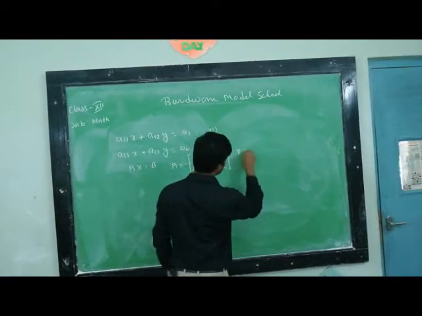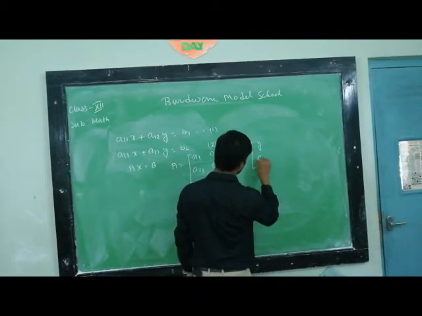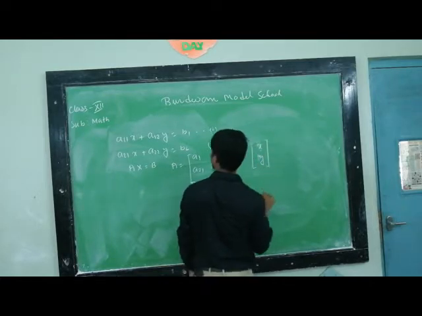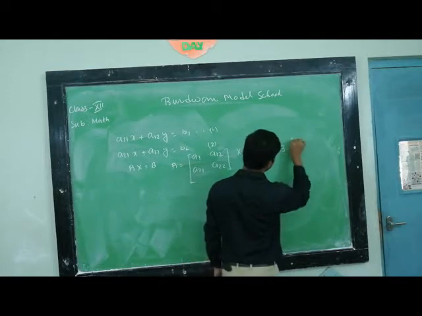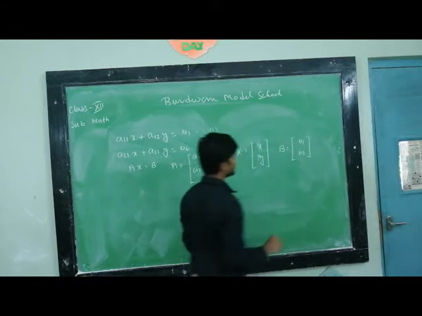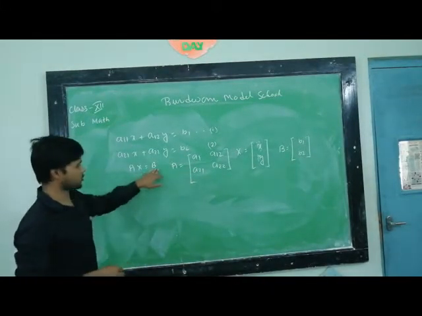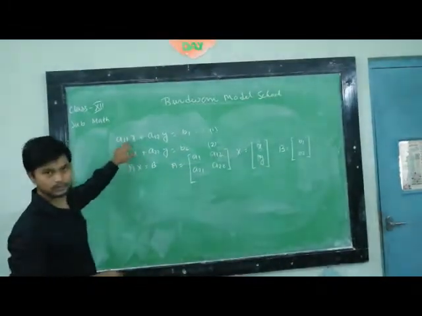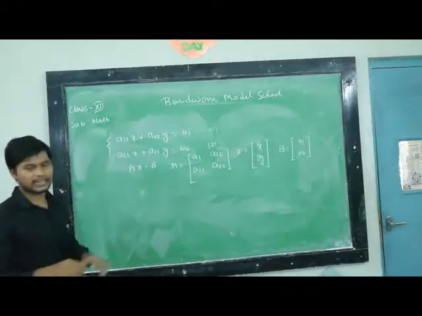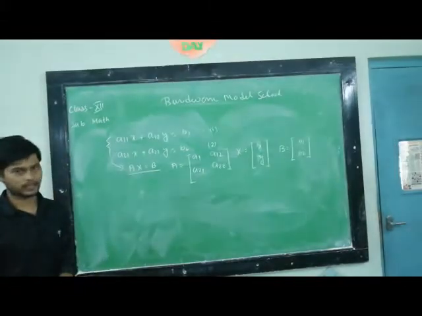X is a column matrix containing two elements x and y, and B is also a column matrix containing two elements b1 and b2. If you put the values of A, B and X in this equation, we get this set of equations. So a pair of linear equations can be expressed in matrix form as AX = B.